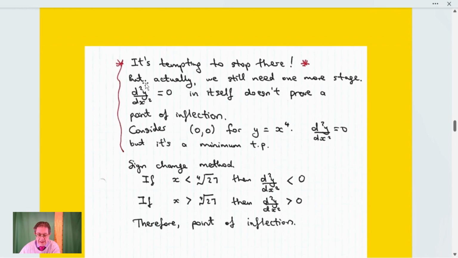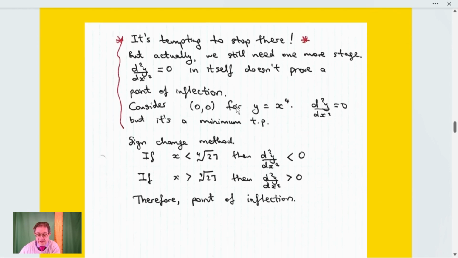Well, it's tempting to think that that's enough, but d2y/dx squared being naught in itself doesn't prove a point of inflection. In rare circumstances, for example, y equals x to the 4, the second derivative would be 12x squared, which is naught, but it's actually a minimum turning point.